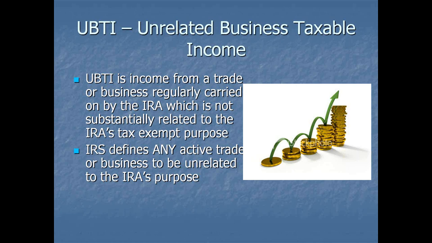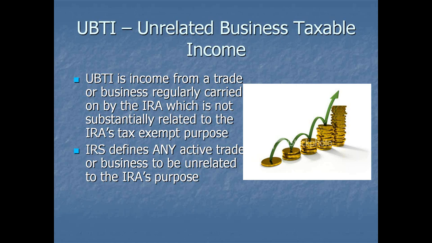Anytime you have a trade or business that's carried on inside your IRA that is not related to the IRA's tax-exempt purposes. When you're looking at a normal charity, you might look at a church or something and say they have a little business on the side. That would be taxable to them.